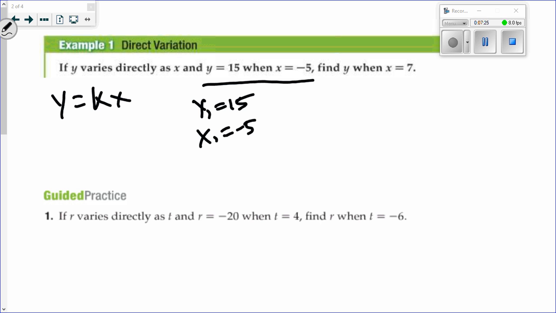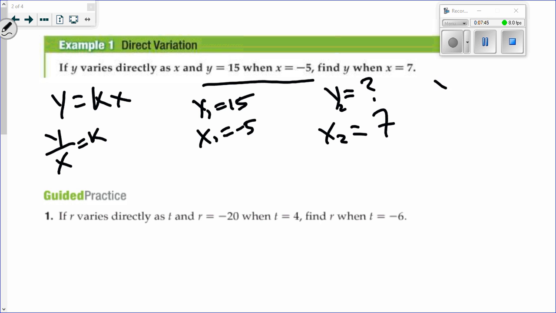Well, we want to find y, our second y value, when our second x value is 7. So again, this gives us that y over x is equal to k. Y divided by x is equal to the constant.